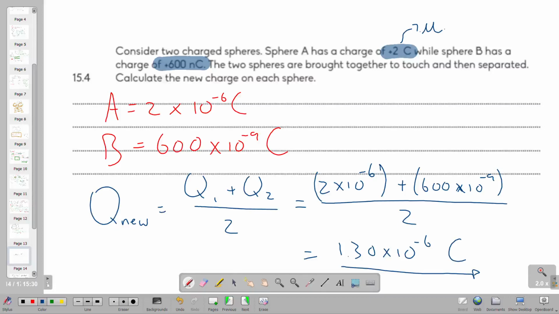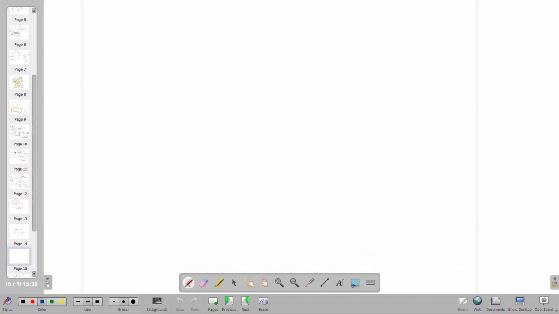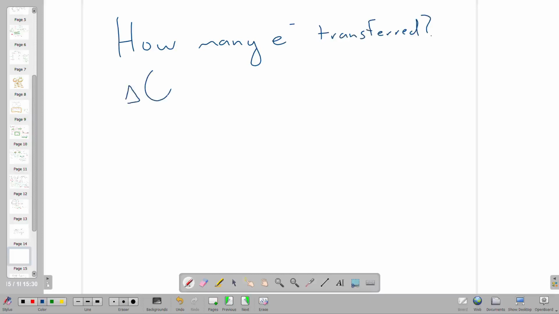Now, to take the question a bit further, I'm going to ask you how many electrons were transferred. So, if you think back to what we just did, the formula for that would be delta Q, which is QF minus QI.